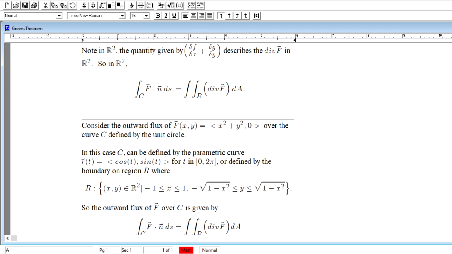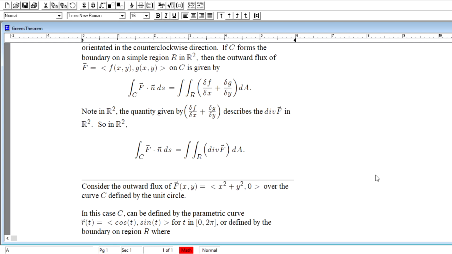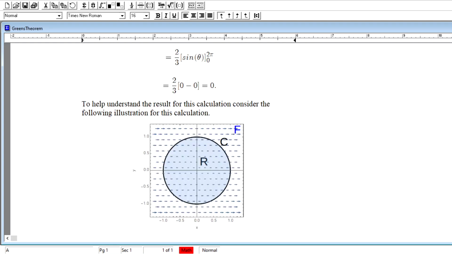And we are calculating a surface integral down here in the case of outward flux, where our surface is this region R given by the region bounded by the unit circle in two-dimensional space, where we are integrating across that entire surface the value of the divergence seen by our field. And that is giving us this outward flux measurement.